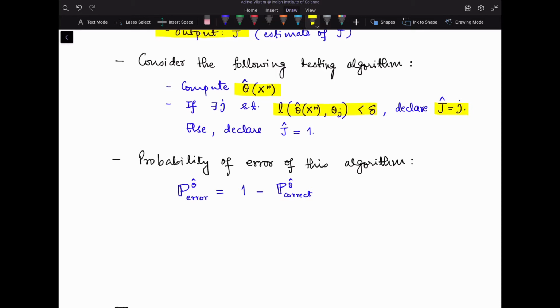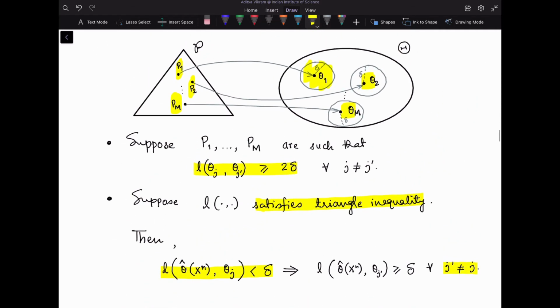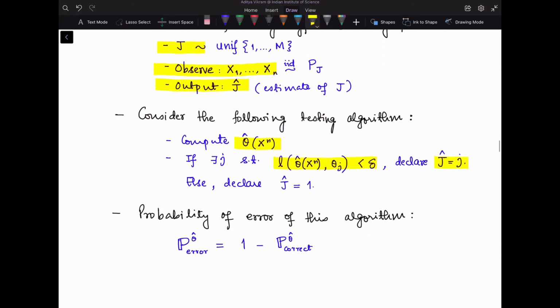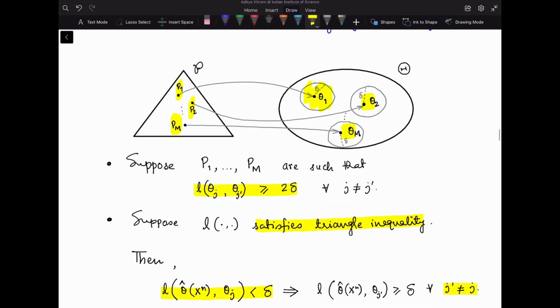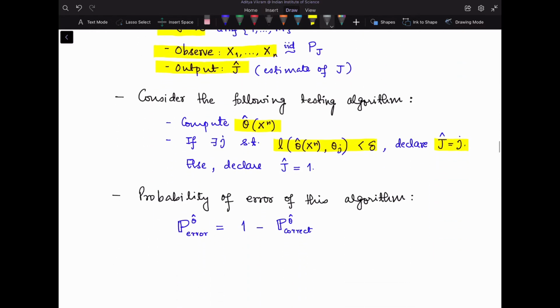So if theta hat lies in any of these balls, we will output the corresponding j. It could also be the case that your theta hat falls outside somewhere here, not in any of these balls. In that case, just output j hat as 1.